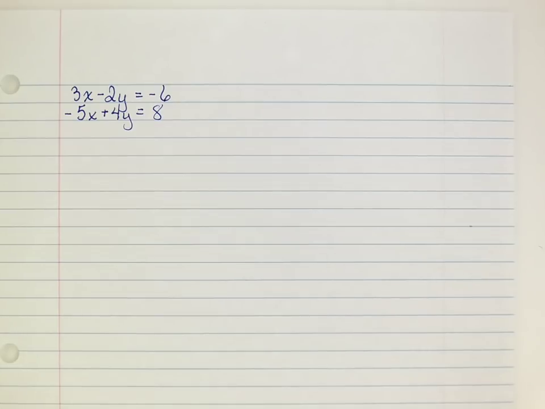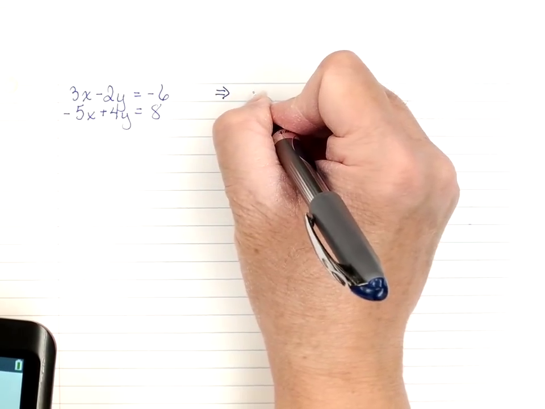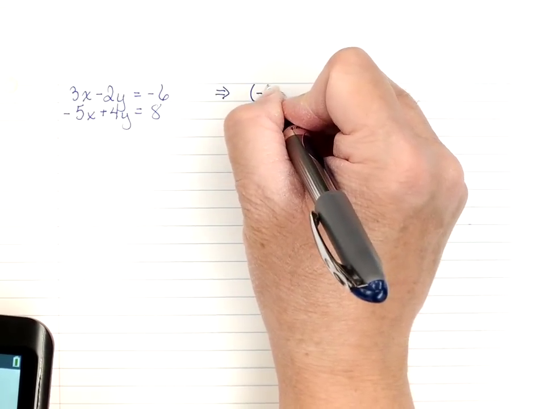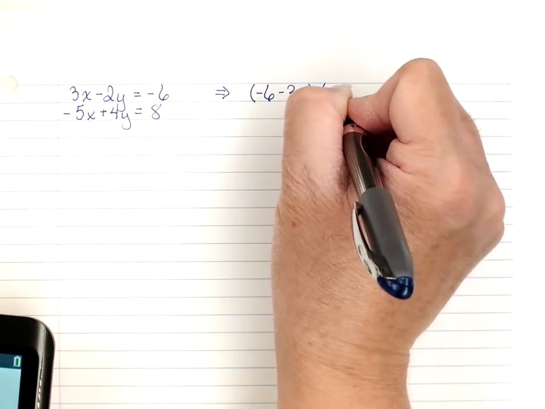So we're going to put those lines in our calculator here. So I've got to get them into y equals format. So to get this first one into y equals format, I'm going to have -6 minus 3x divided by -2.